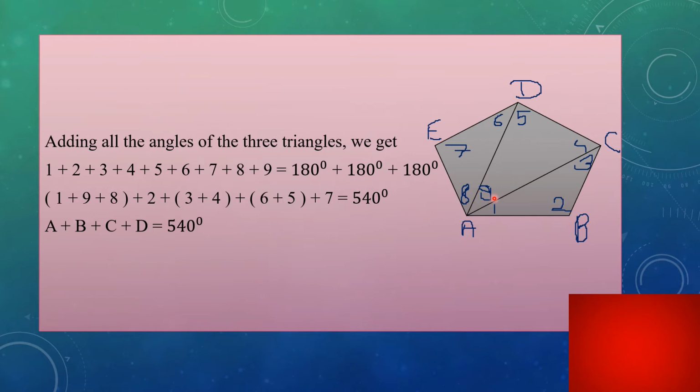Now in this pentagon, the angle A is divided into three angles: angle 1 plus angle 9 plus angle 8, plus angle 2, plus angle C is divided into two angles, angle 3 plus angle 4, plus angle D is divided into angle 5 and angle 6, plus angle 7, is equal to 180 plus 180 plus 180, which is 540 degrees.